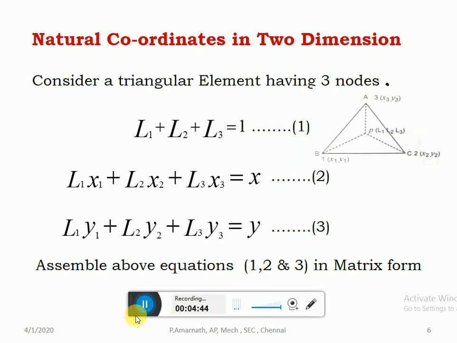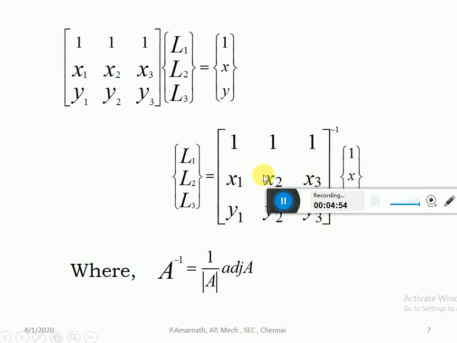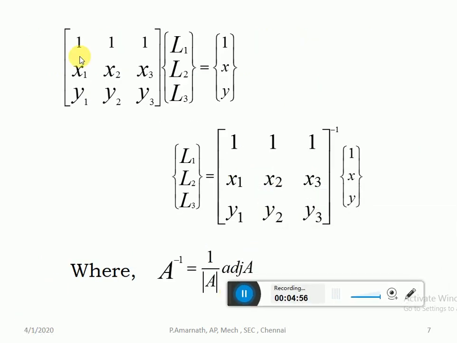We have to assemble the above equations 1, 2 and 3 in matrix form. If you arrange this in matrix form, we get [1 1 1; x1 x2 x3; y1 y2 y3] [L1 L2 L3] equals [1 x y]. From this we can calculate L1, L2, L3.